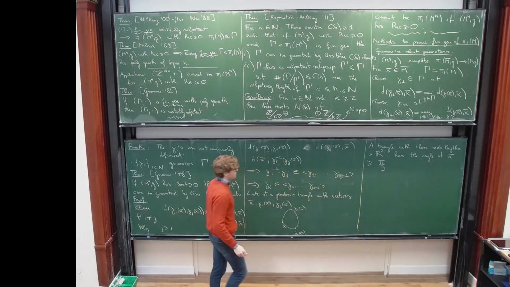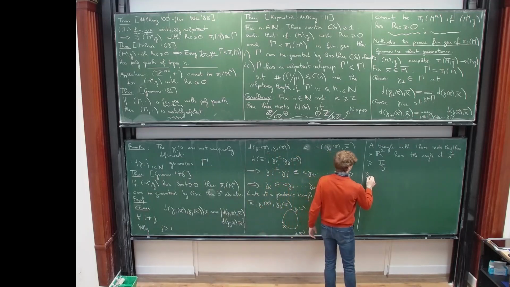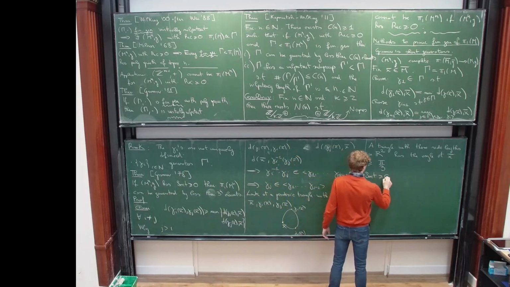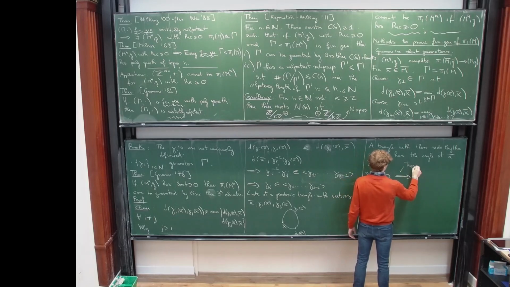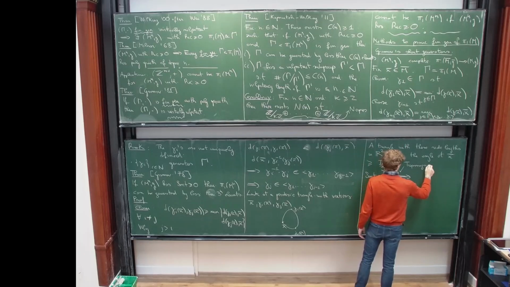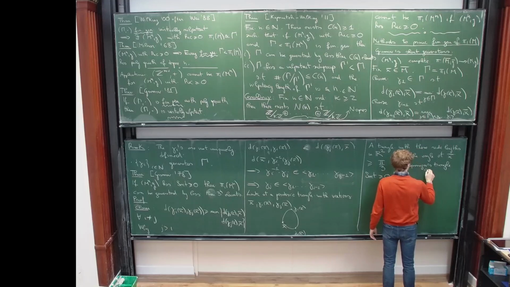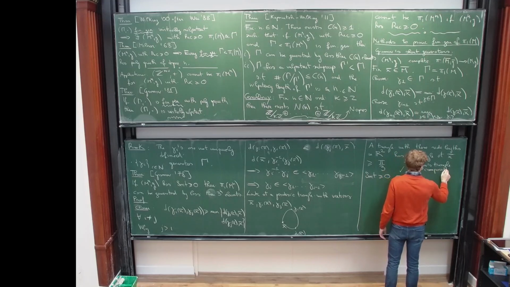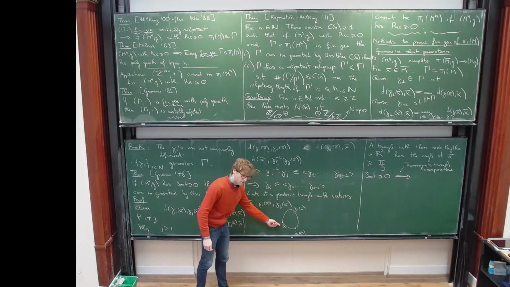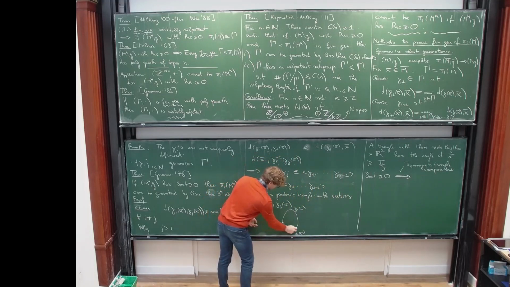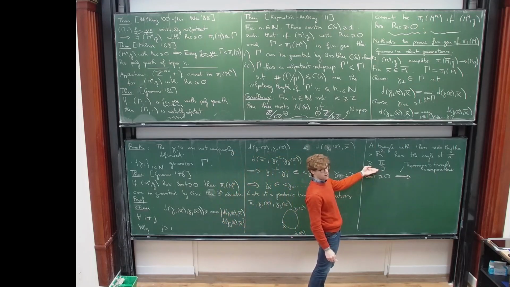Now you can use Toponogov's triangle comparison. Sectional curvature greater or equal than 0 implies, via Toponogov's triangle comparison, that the angle that you see in the manifold between these two geodesic segments is larger or equal than the angle that you see at the level of the comparison triangle in R2.